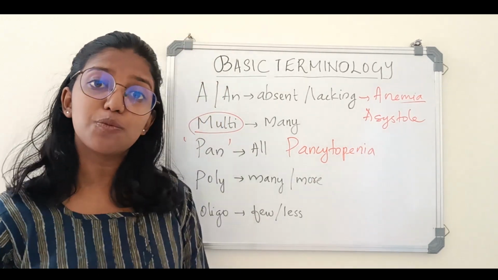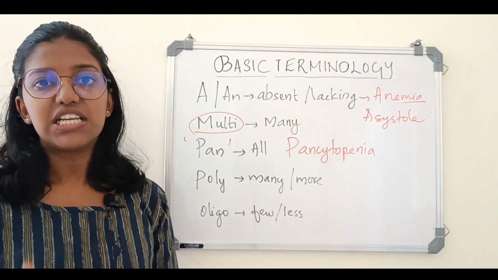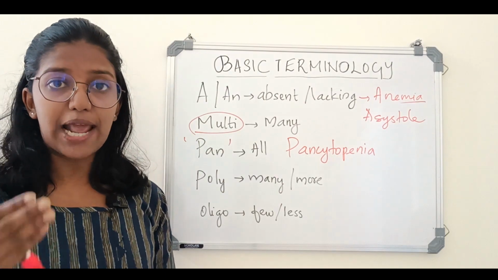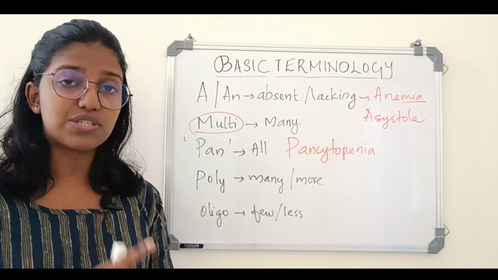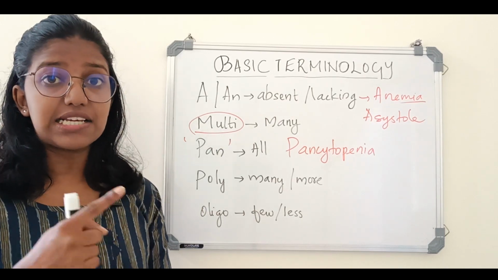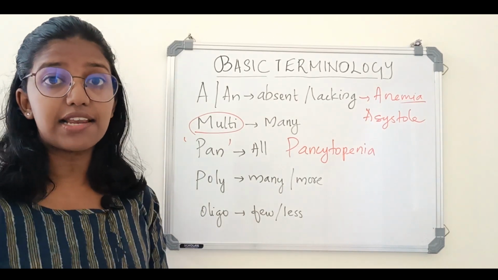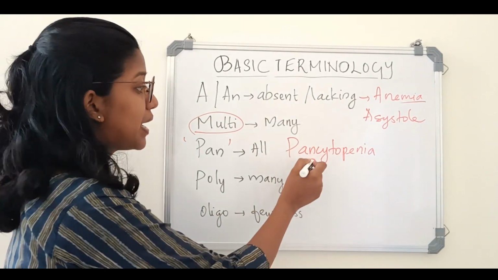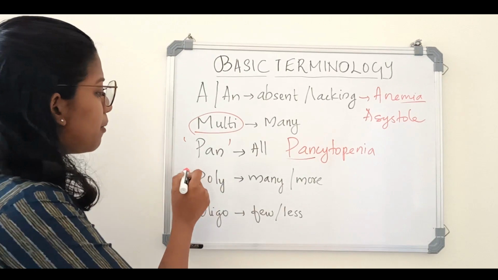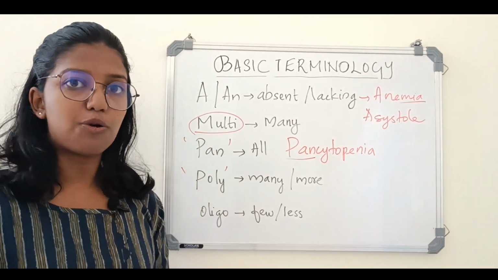What do you mean by pancytopenia? Pancytopenia means decrease in the number or amount of all the cells like RBC, erythrocytes, WBC, platelets, etc., altogether decreasing in our blood. We can call that condition pancytopenia. That means all. Poly. Poly means many or more.